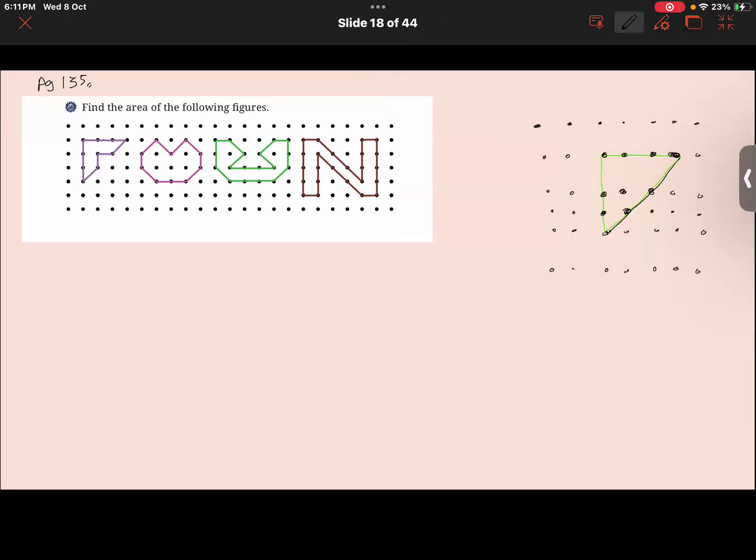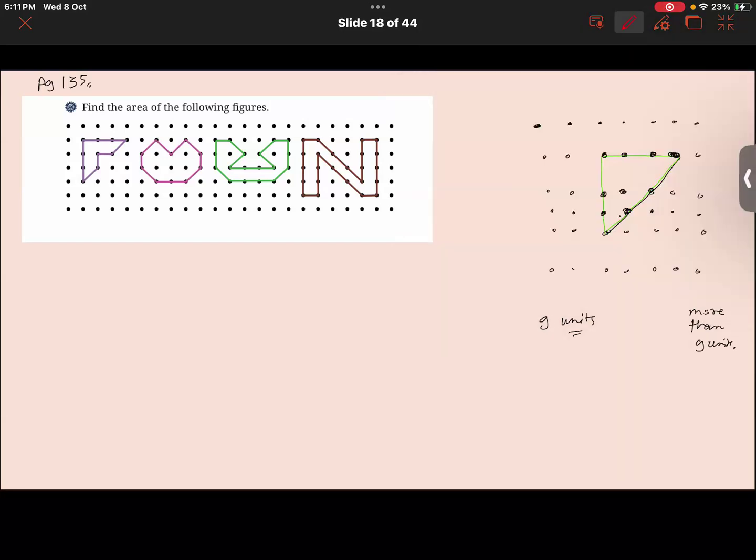Suppose there are two students here. One student says that the perimeter of this triangle is 9 units, like 9 centimeter or 9 meter. Another student says that no, it will be more than 9 units. So let us understand who is correct here.